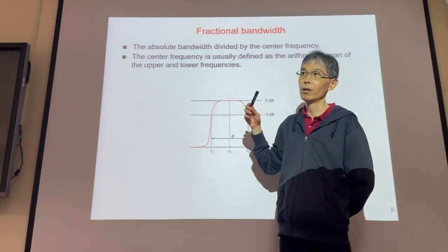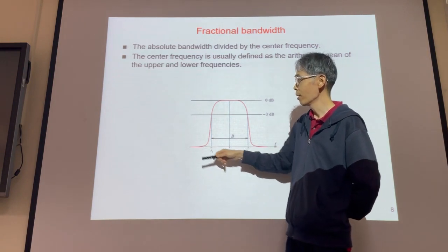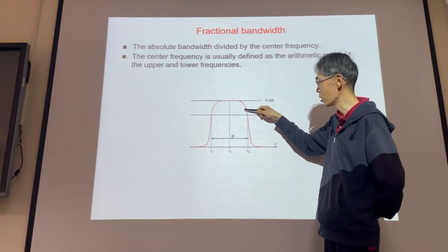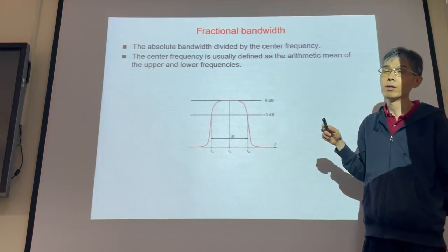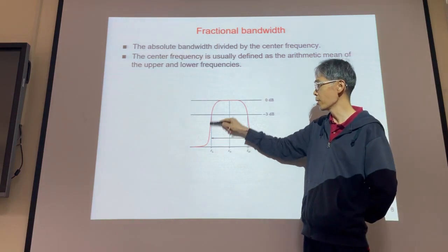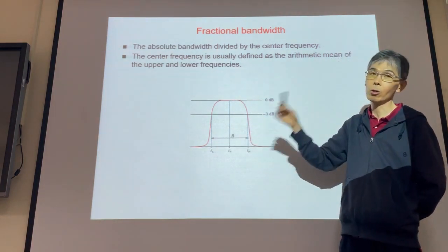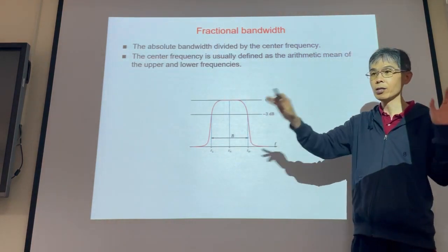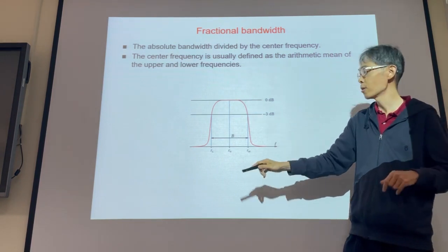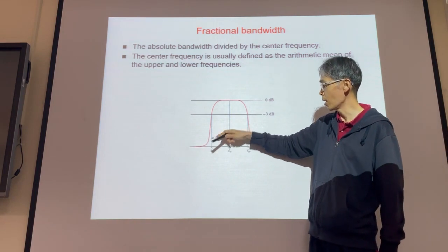For a low pass filter, for a low frequency signal, we have output; the high frequency signal, we don't have output. But for a band pass filter, at a certain band, the signal can go through. Outside this band, signal cannot go through.